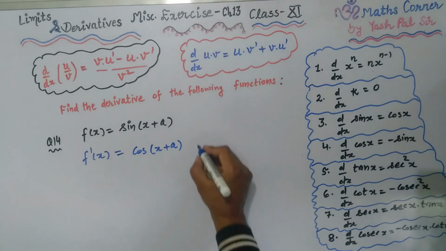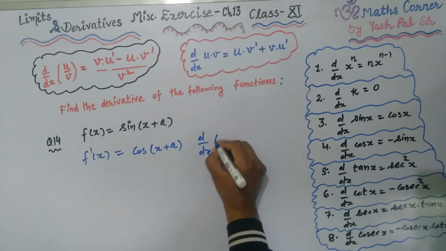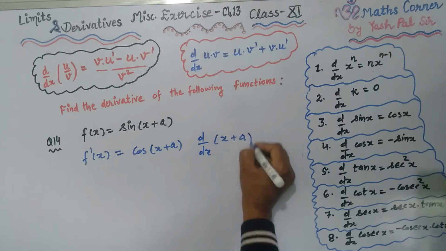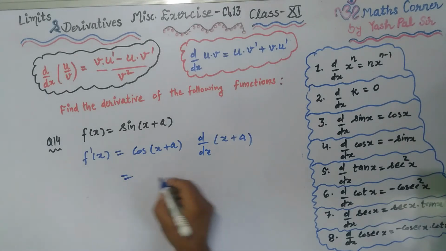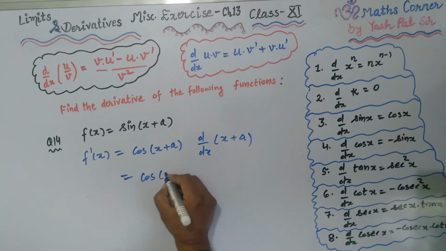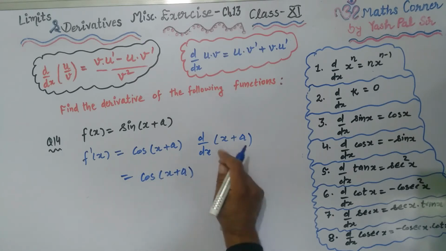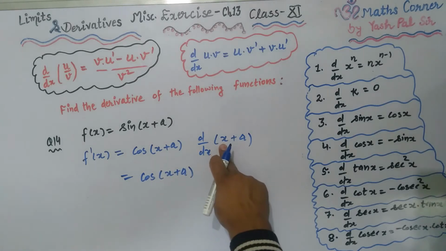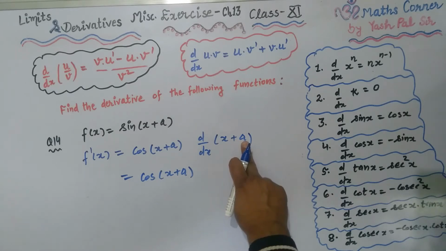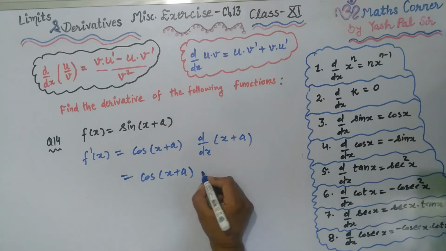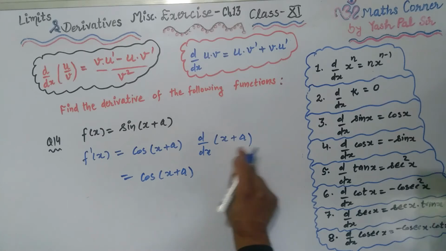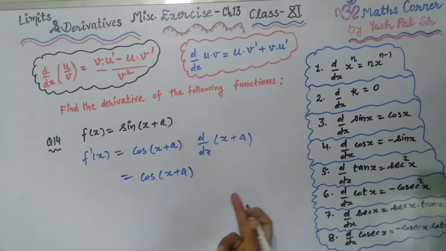So what the chain rule says, we differentiate this x plus a once again. So the answer is cos of x plus a into derivative of x, which is 1, and derivative of a is 0. There is no need to write this 1 plus 0, meaning 1. So this is the final answer.